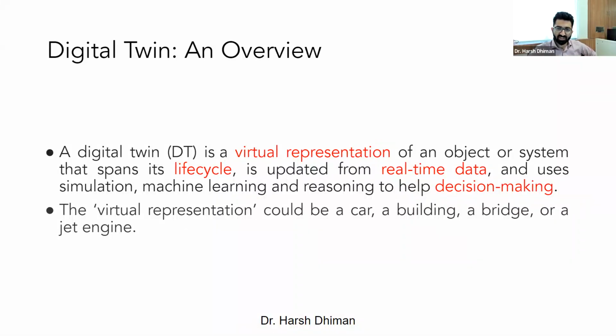A virtual replica would essentially mean that you are trying to represent a physical asset in the form of mathematical equations, right? And those mathematical equations essentially would determine the state of your physical asset. So if I say, for example, that y is equal to x square is an equation, where x is my input and y is my output.